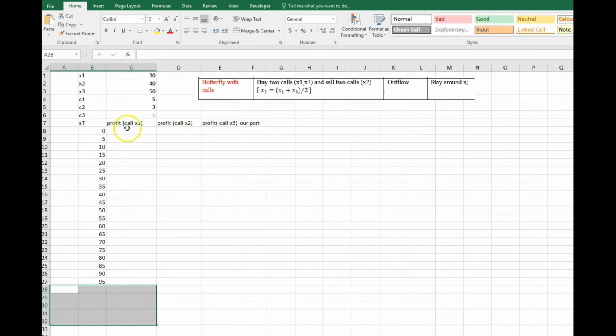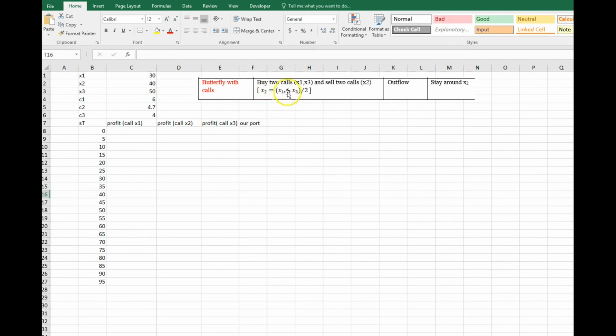So this is the profit of call, long position, long position, long position. Okay, so this is our portfolio, profit and loss of our portfolio. This is our last exercise, so-called butterfly. We can construct the butterfly strategy with calls or with puts. So let's use calls.